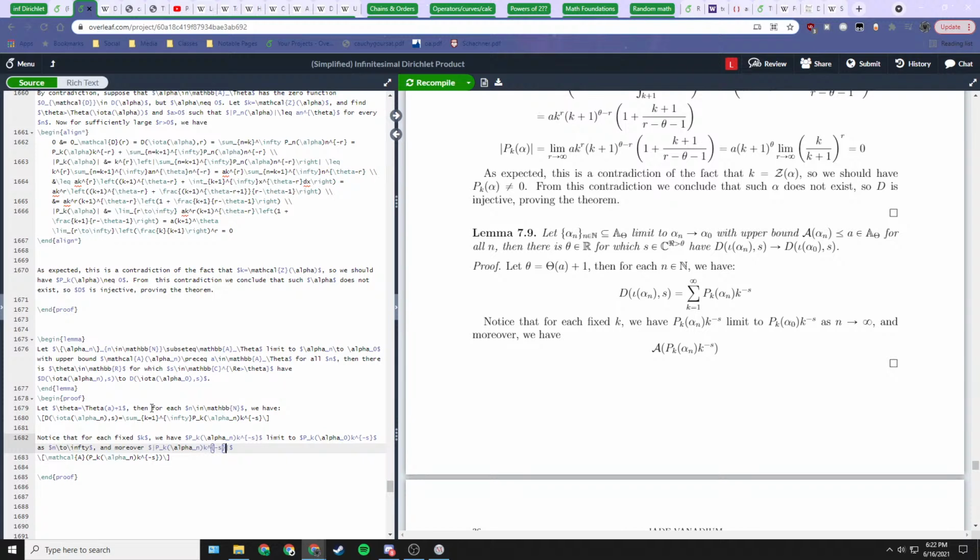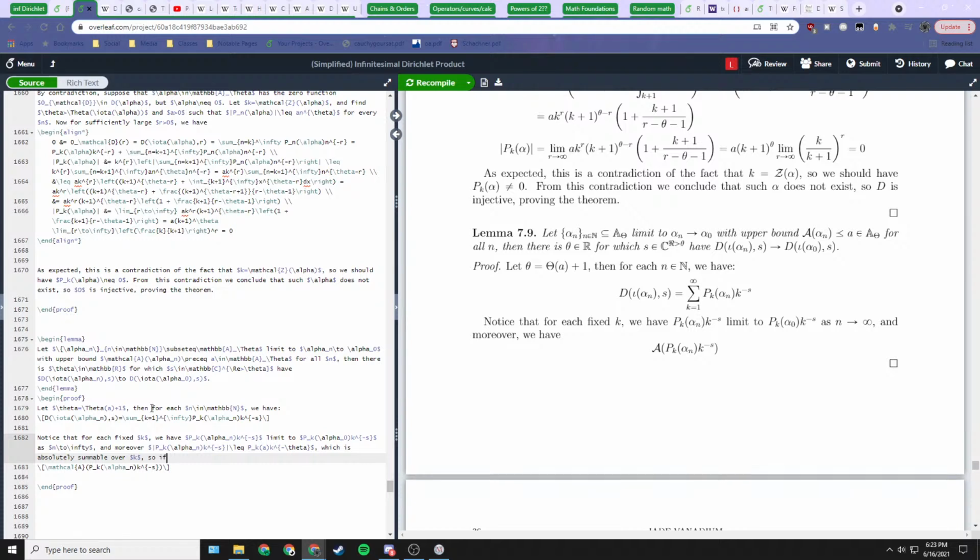Moreover, we have the absolute value of p sub k of alpha n times k to the s is less than or equal to p sub k of a times k to the power negative theta, which is absolutely summable over k.